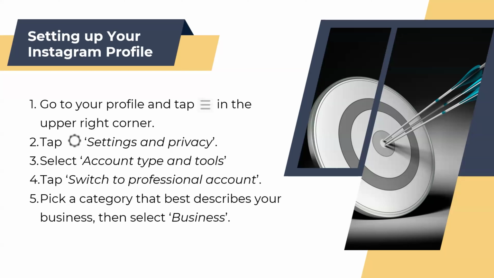Setting up your Instagram profile. So if you have your personal Instagram, do you have a personal Instagram? Okay, so if you want to log on to it on your phone, you'll go to the profile and you'll tap the 3 bars icon. That's going to be like the menu.